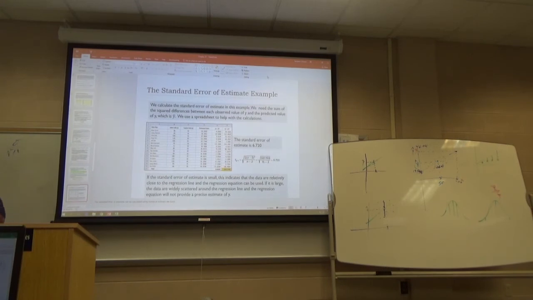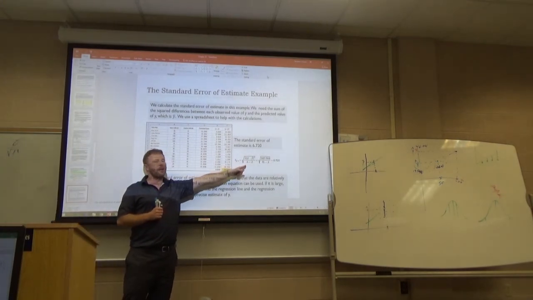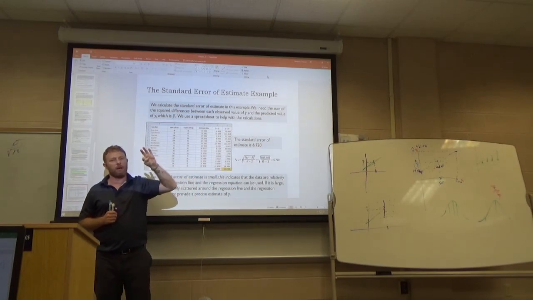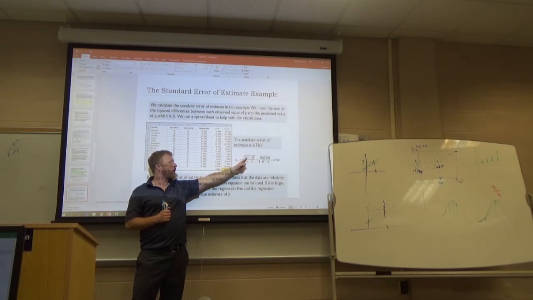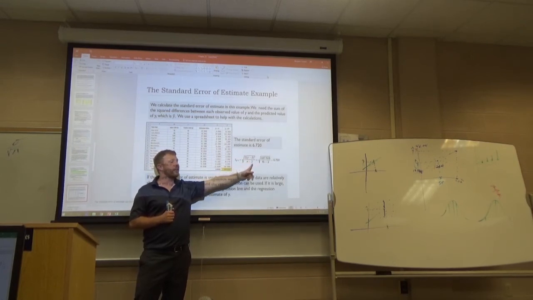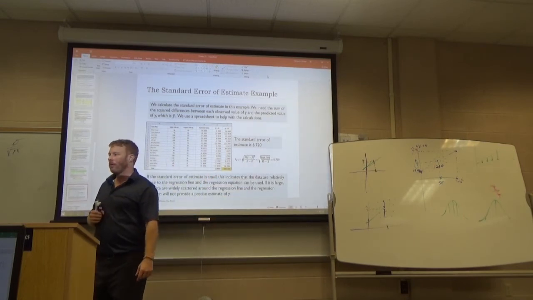In fact, let's go to the next slide here. There's the formula right here. Who can tell me what this formula is when I say it? I'm going to say it right now, okay? The square root of sigma of x minus x bar squared over n minus 1.